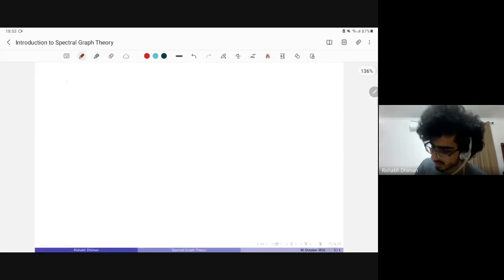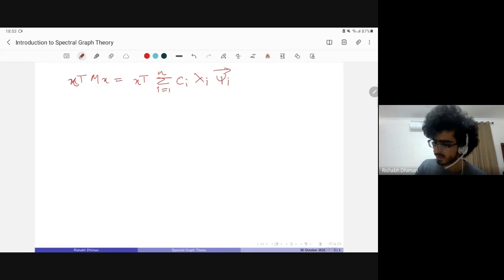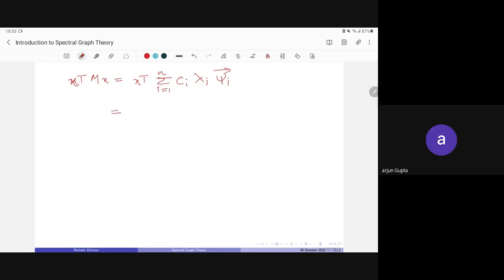So basically, I'll focus on this sum for now. x transpose M x is x transpose times the summation, i equal to 1 to n, of c_i lambda_i psi_i. And what is this psi?